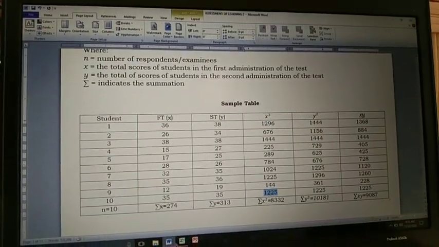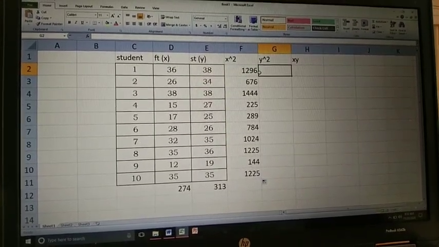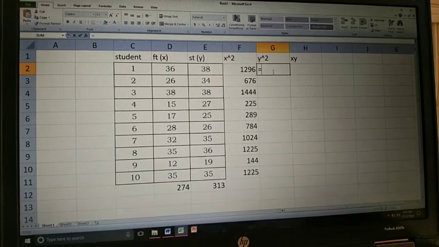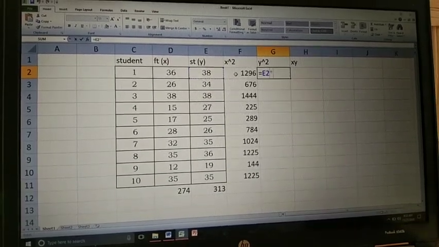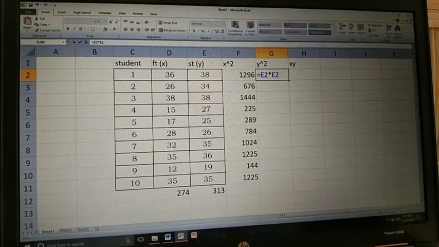So then y squared, you can use this. Equal sign, 38 multiplied by itself. Okay, drag it down.